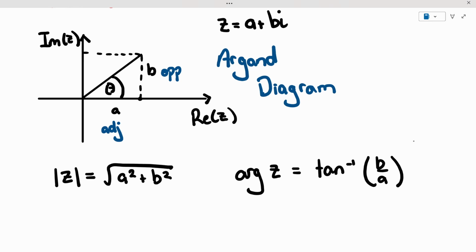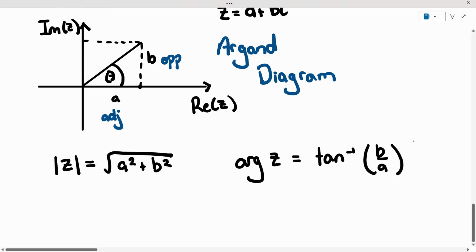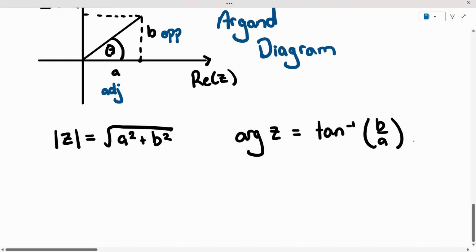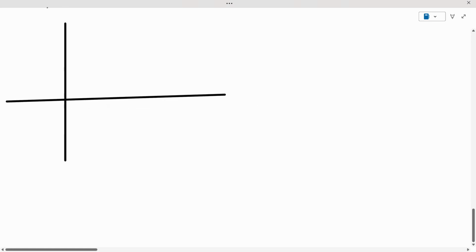But here's something interesting. I just defined theta as the angle between the complex number and the real axis. But what I should have said is it's the angle between the complex number and the positive real axis.